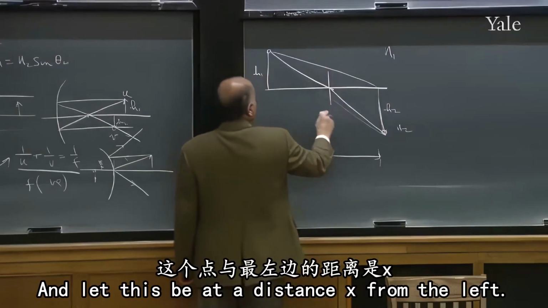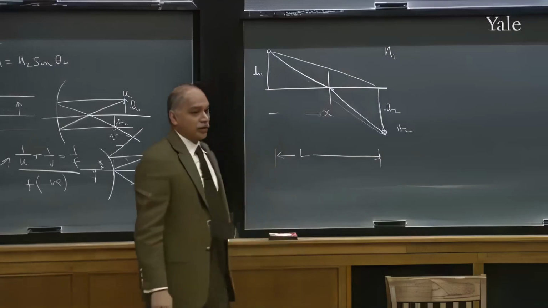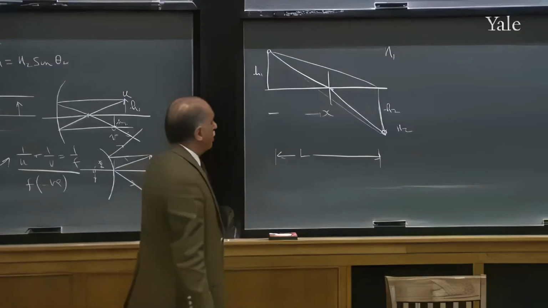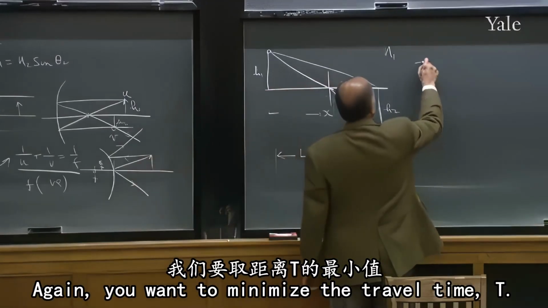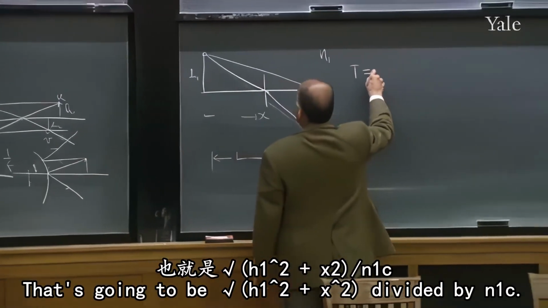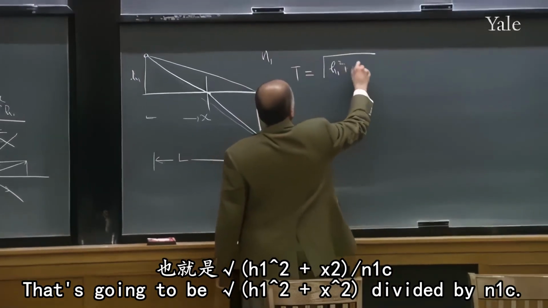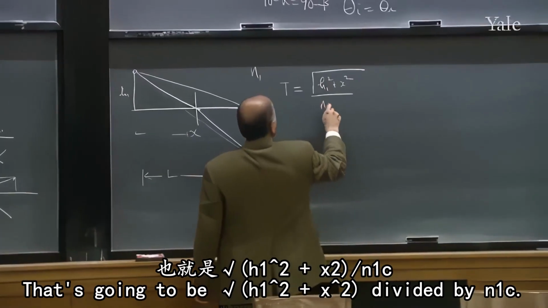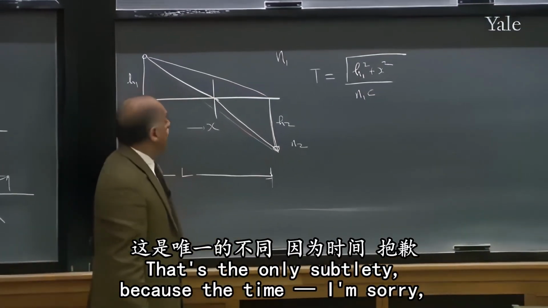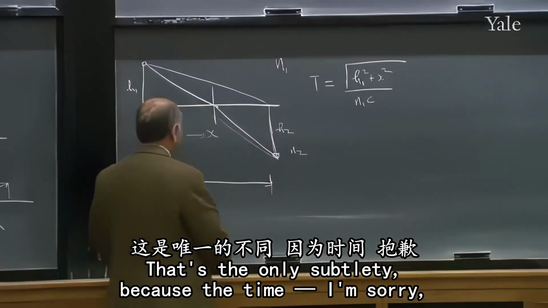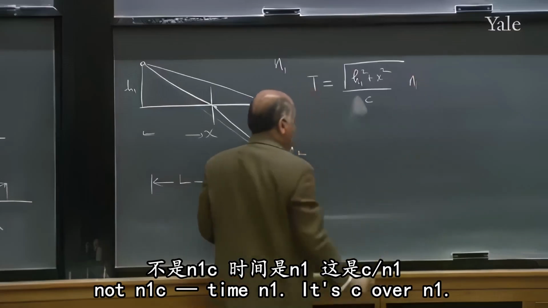And let this be at a distance x from the left. Now what do you want to minimize? Again, you want to minimize the travel time, t. That's going to be square root of h1 square plus x square divided by, I'm sorry, not n1 c, it's c over n1.